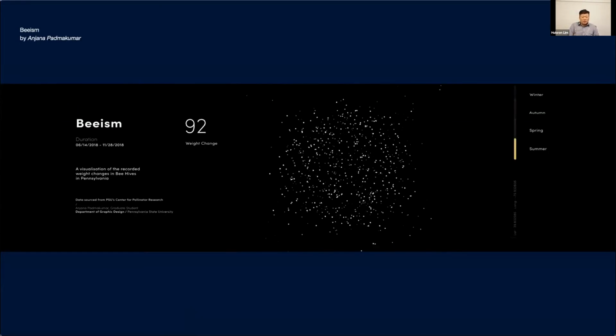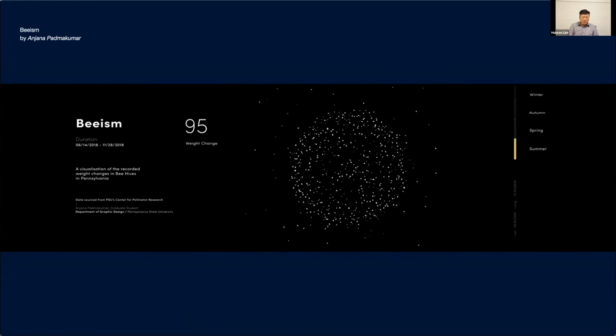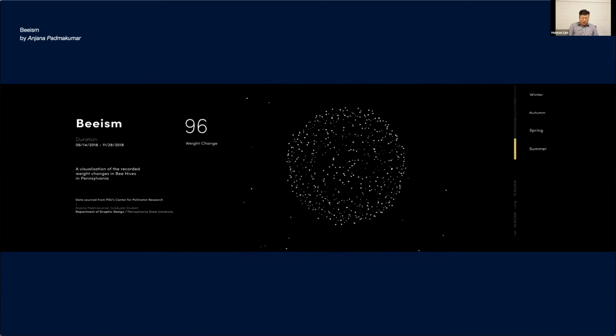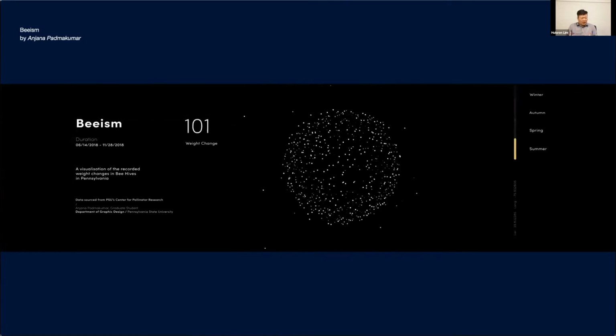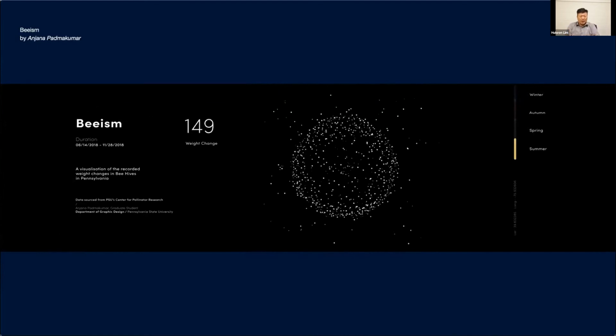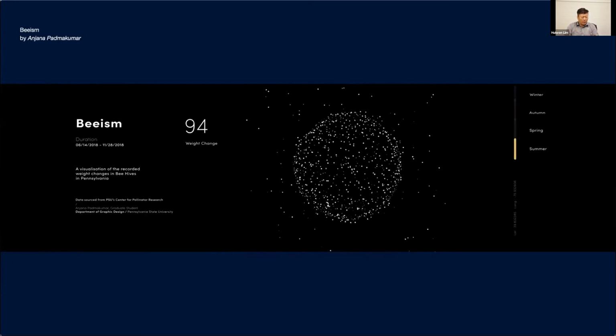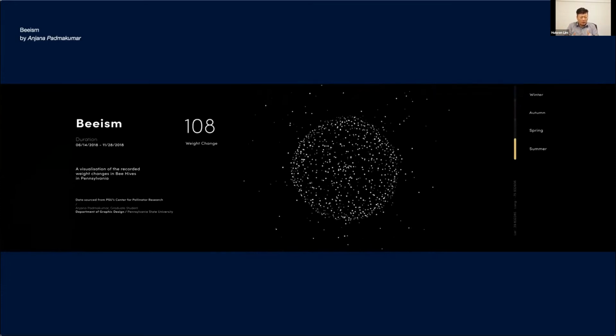So this is also really simple. So she used the particle motions through the JavaScript and combined with the data set she has. So it automatically reads the data from the data sheet and generates the animation and the motions based on all the variables she had in her data set.